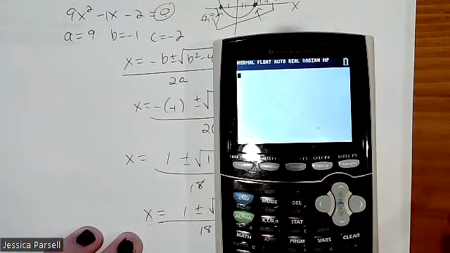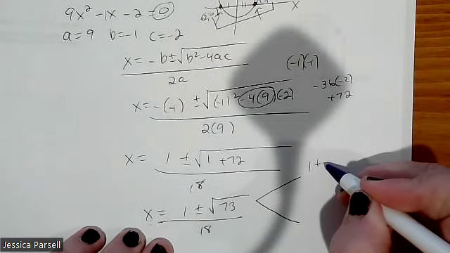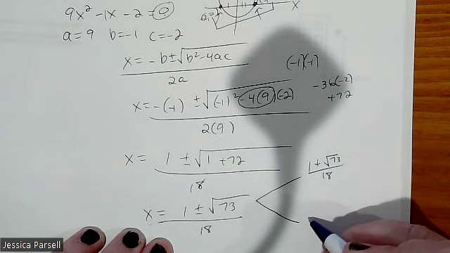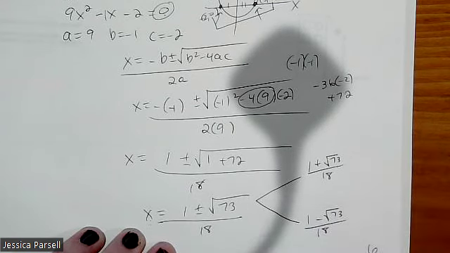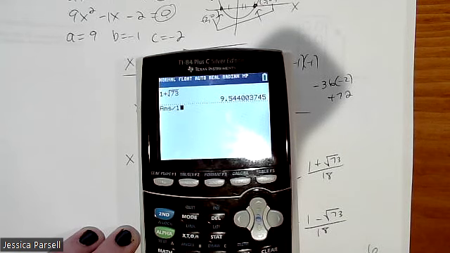Now everyone's calculators are different, but let me write this out. 1 plus the square root of 73 over 18. 1 minus the square root of 73 over 18. Okay, so do these in separate calculations. So 1 plus the square root of 73, I'd hit enter, divide by 18.